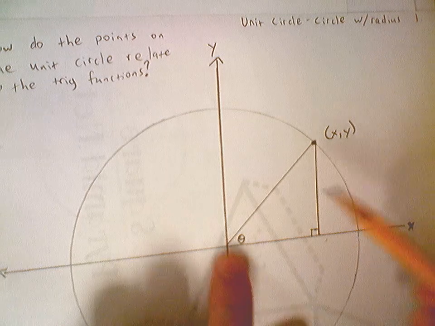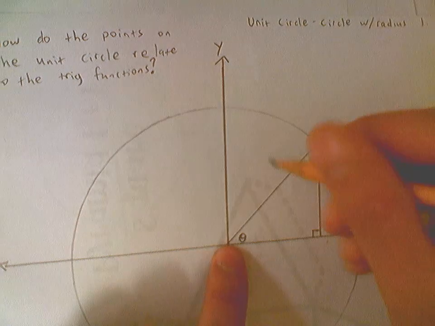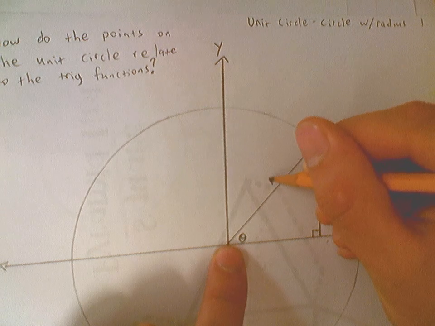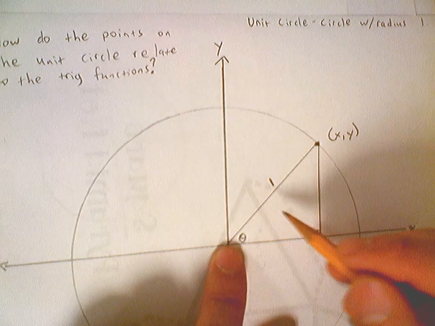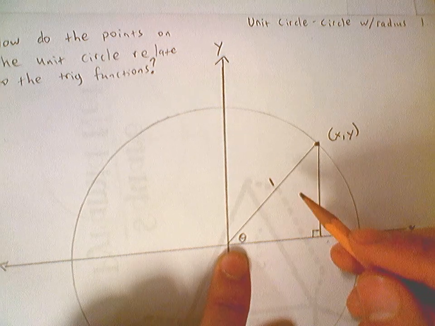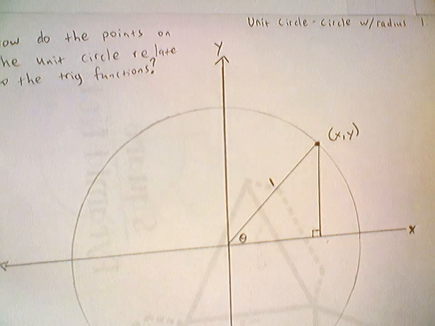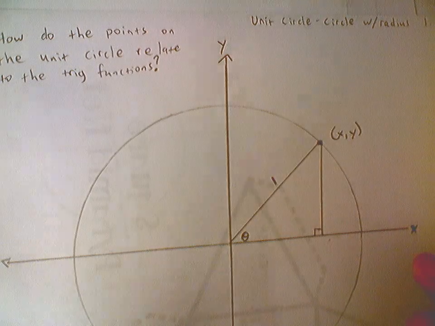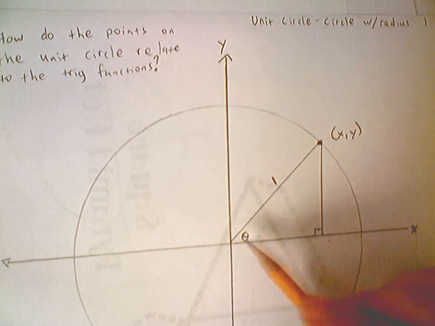Well, if the radius of the circle is 1, then I actually know this hypotenuse length. The hypotenuse of this right triangle that I've created is 1, because the hypotenuse is the same thing as the radius of the circle.